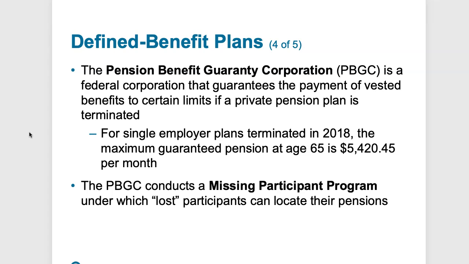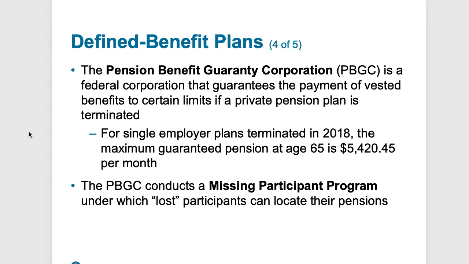So in order to make employees feel a little less concerned about the financial strength of the company, there is an entity called the PBGC, the Pension Benefit Guaranty Corporation. It protects employees against loss of pension benefits, up to a certain limit, if the plan should be terminated. And this is something employers can do. They can just say the plan is done, it's terminated.